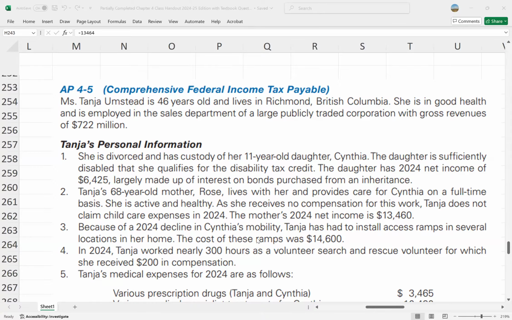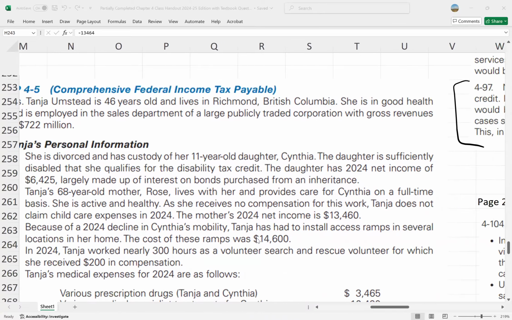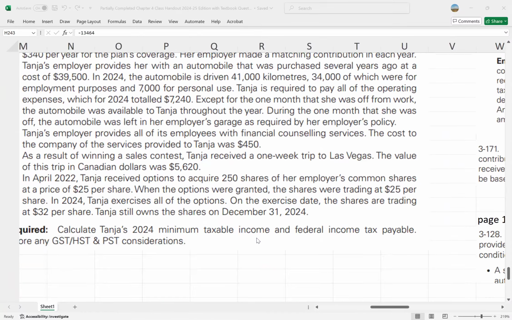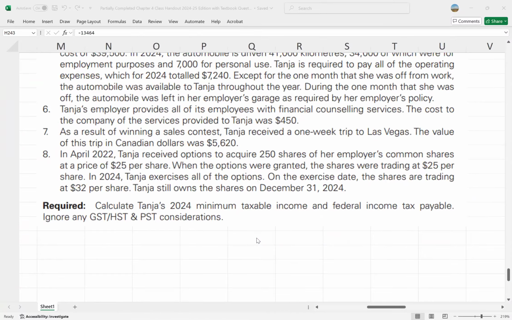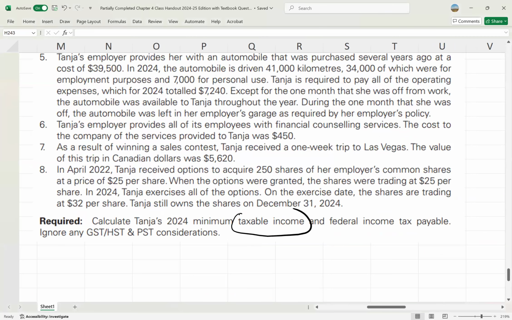So this one here, if we just quickly go to the required, what does the required say? One of the things is always think about what is the required, and that will frame what you need to calculate to get to the required. We need to calculate Tanya's taxable income and also her federal income tax payable, and that would be the amount after tax credits.